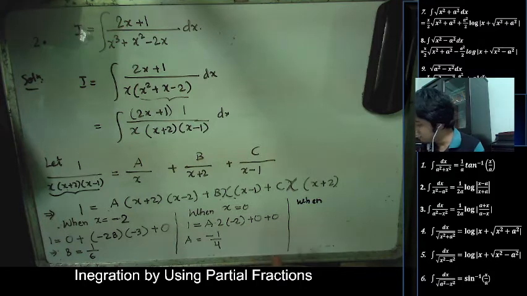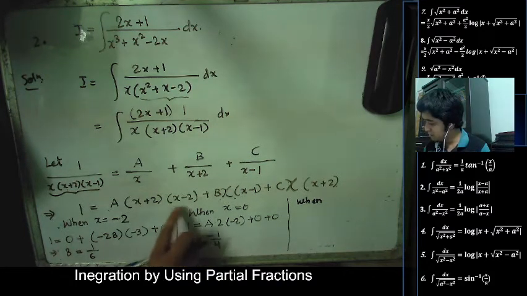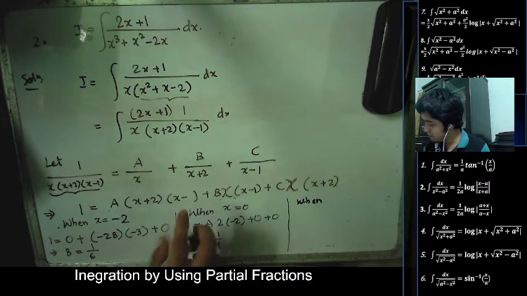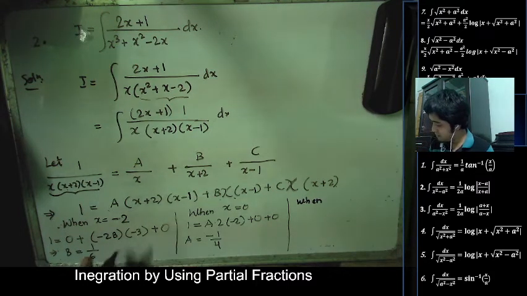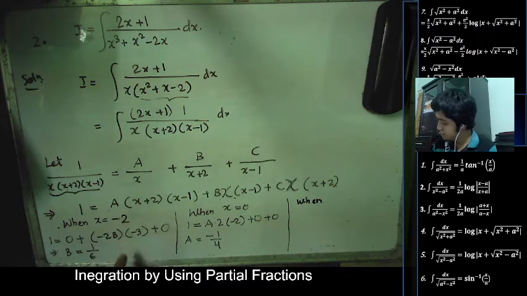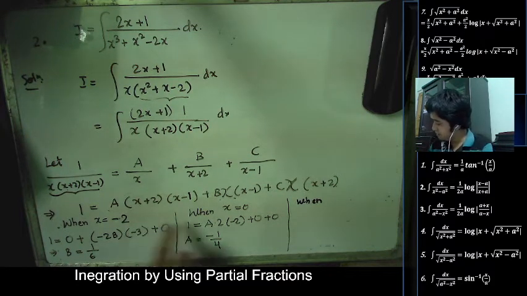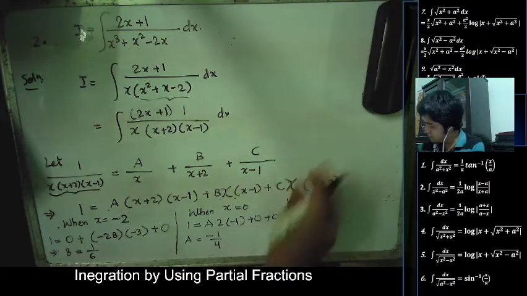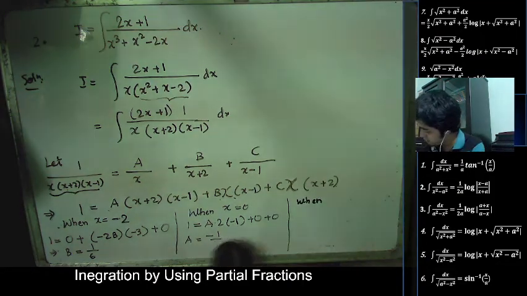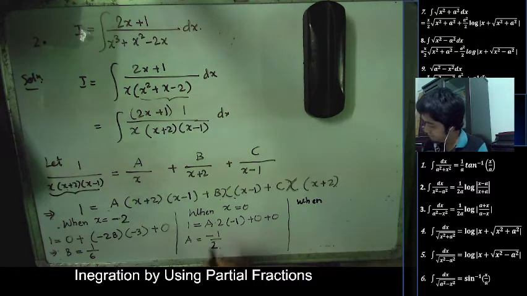Sorry, I made a mistake somewhere. This one should be minus 1. I don't think it will affect this choice. And over here it should be minus 1. So over here a will be equal to minus 1 by 2.